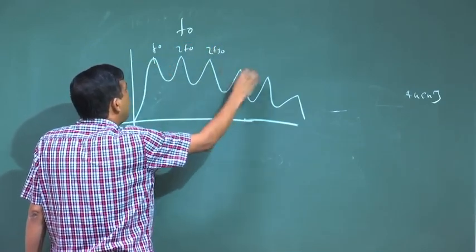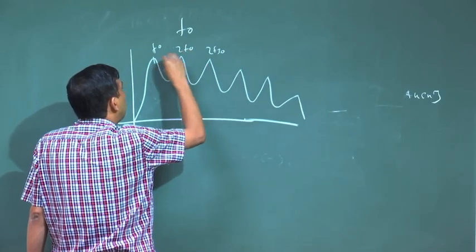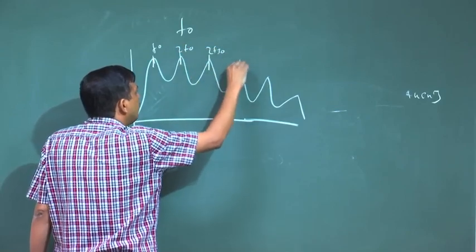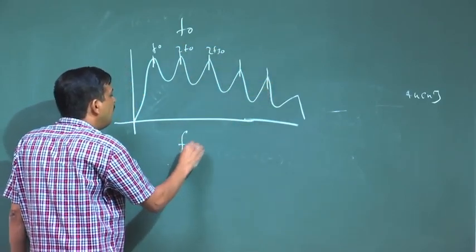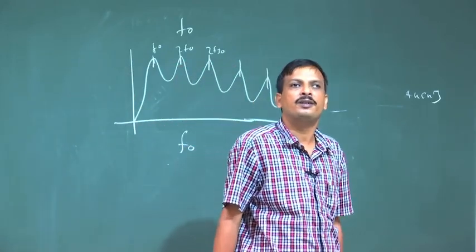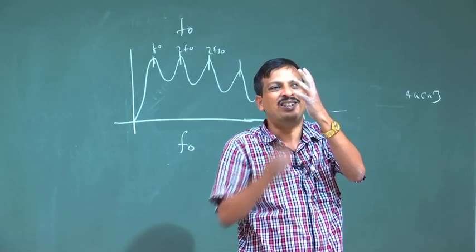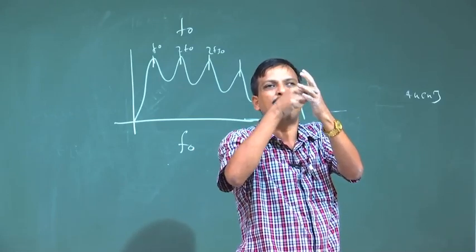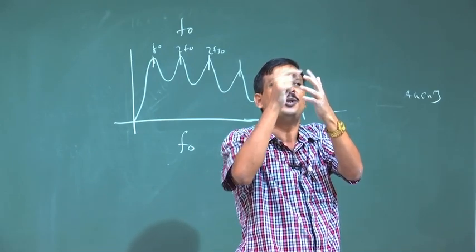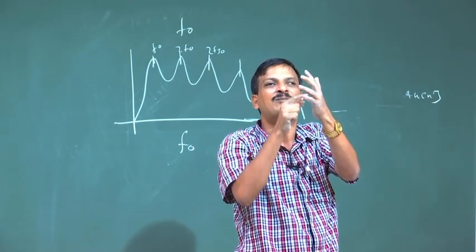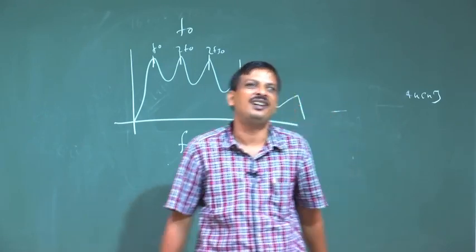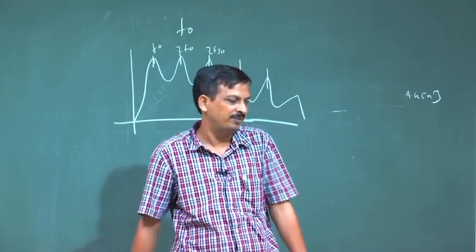So from there I can find the repetition distance, and that gives me the F0 value. So how do you do that? It is called comb filtering. If you remember, the comb has a peak and gap. So if this is F0 beginning, twice F0, 3 F0, 4 F0, then I can find the rough average difference between these gaps, and that gives me the average value of the F0. That is the idea. Okay.